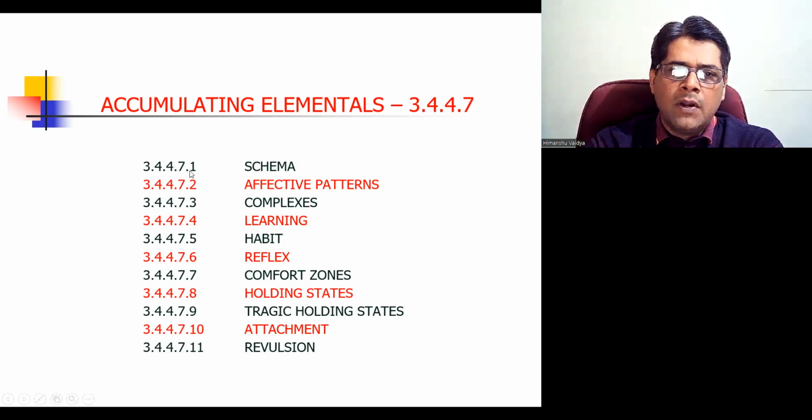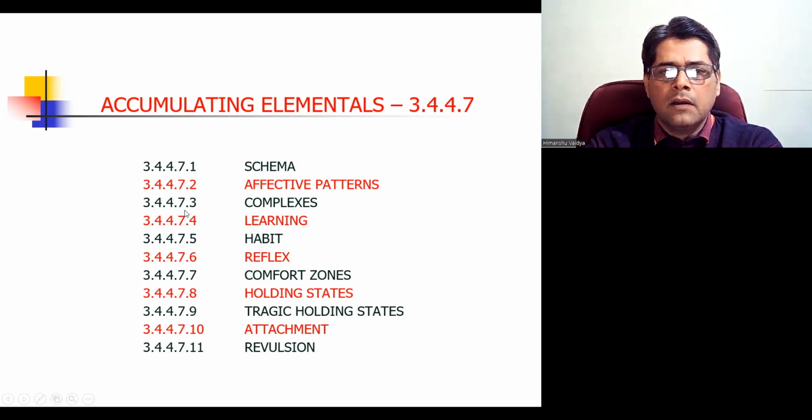7.1, 2, 3 are usually important in most of the disorders, but exceptionally, 7.4 is very important here for eruptive impulsive conduct disorders. Habit is very important. Reflex training is very important. So 7.4, 5, 6 are very important in conduct behavior eruptive disorders.